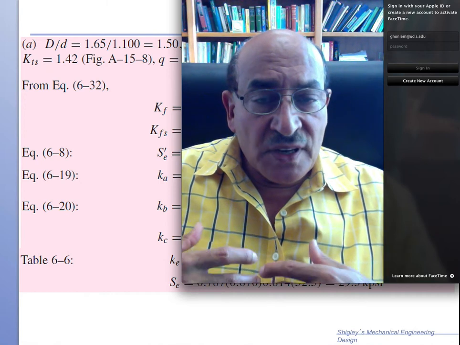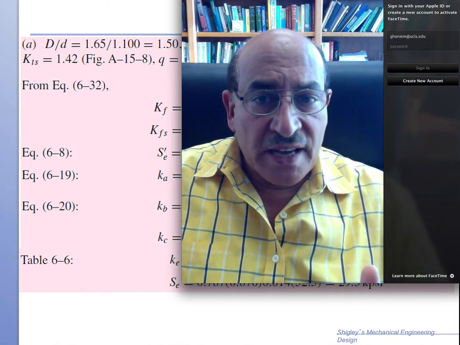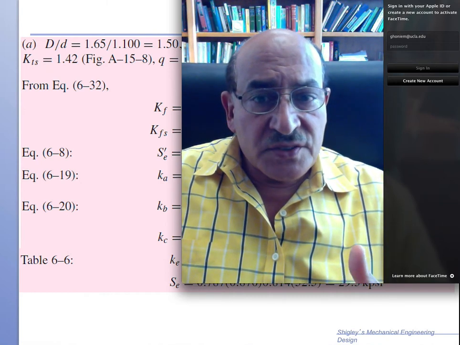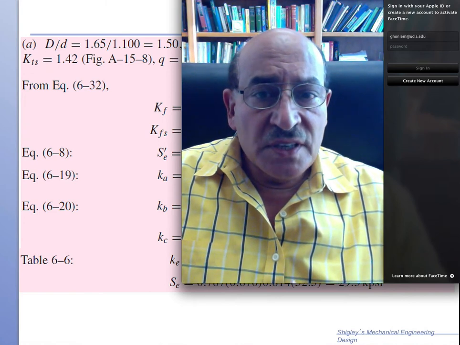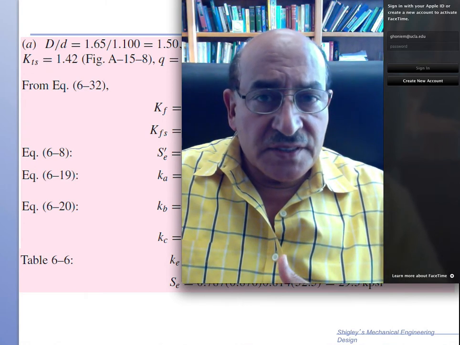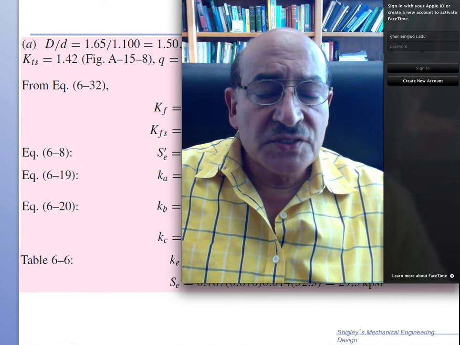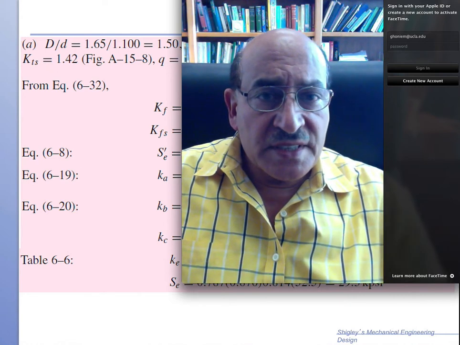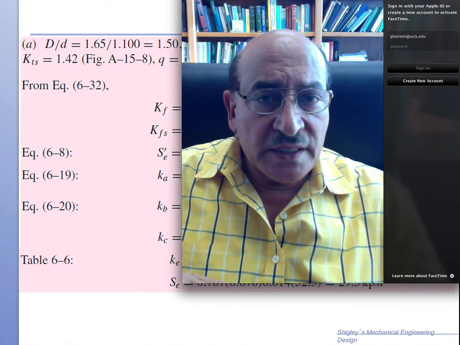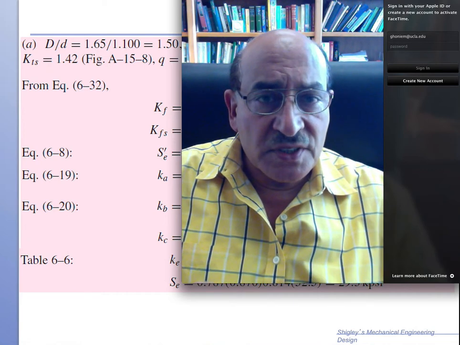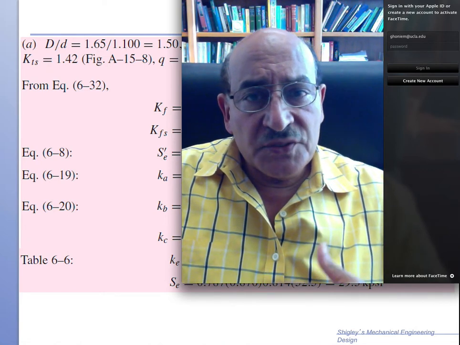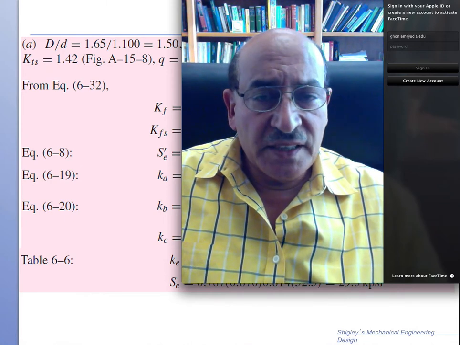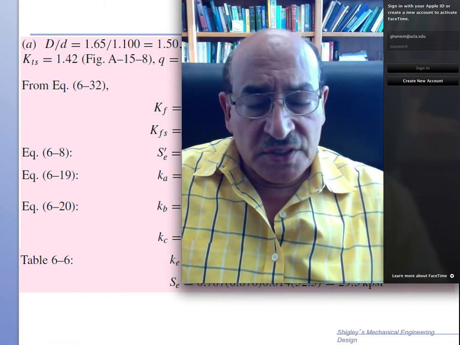So we have to apply the Marin factors to that. In order for us to apply the Marin factors, we need to go back to the tables and use them, and then we'll be able to find the corrected endurance limit.